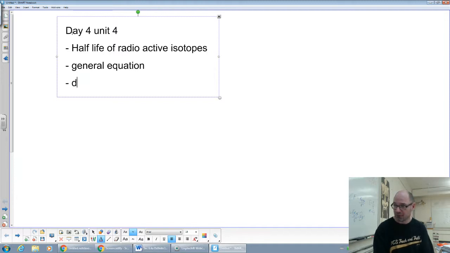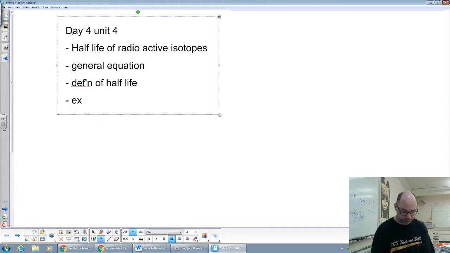We're going to be looking at the definition of half-life as well, and we're going to do some examples. So let's get started with the basics first.